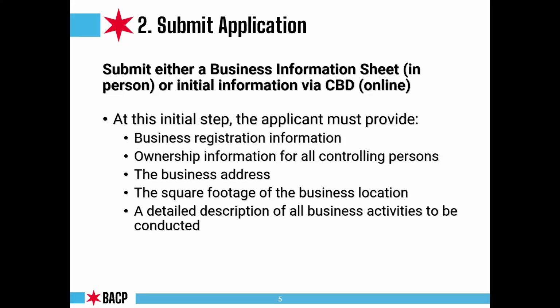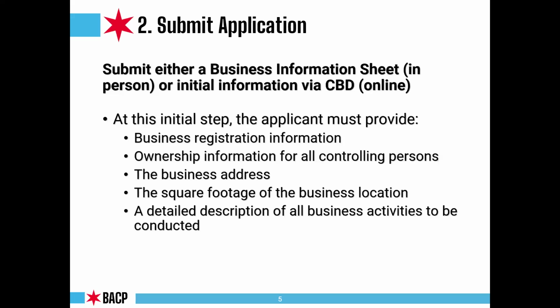Your application will also call for the address, and so we want to be very specific as far as where it is that you plan on operating. The way you want to think about it is, we license your activity, but also your license is attached to the address that you're conducting business out of, and it's non-transferable.